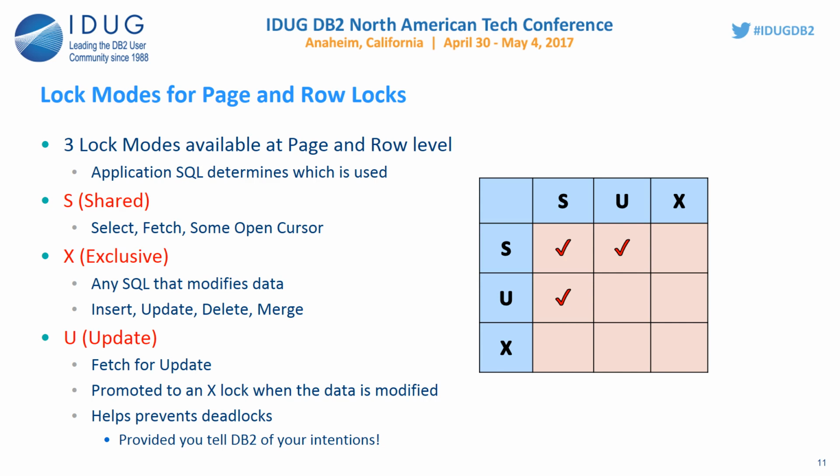It reduces the number of deadlocks, but it only reduces the number of deadlocks provided you code FOR UPDATE OF. If your select statement has FOR UPDATE OF in it, then you're basically telling DB2 that you're intending to update that row, and DB2 is going to take a U lock, not an S lock. Right. And then when you actually update the row, the U lock is escalated to an X.